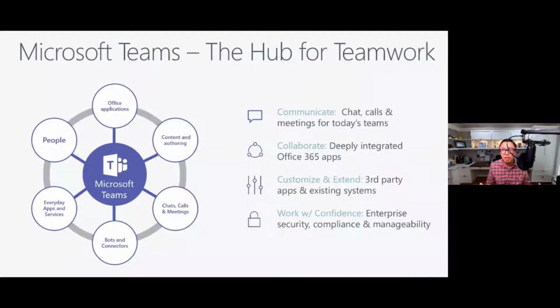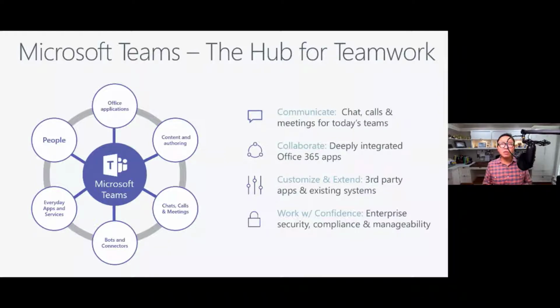So now when we think about collaboration, you can have real-time conversation threads, or you can add apps into your collaboration, which is really powerful. Third, you can extend Teams with third-party apps or custom apps that you can build in. We've seen a lot of innovation from Microsoft beyond the apps that you can get from the Teams store.